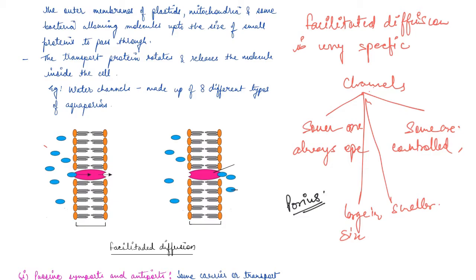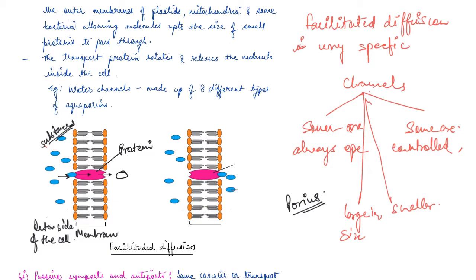Now, if you see this diagram, this is for facilitated diffusion. This is the membrane and this is the outer side of the cell. Now say these are the substances, guys, and they have to go across, right? So they move across this protein. They enter from here and they come inside the cell, right?